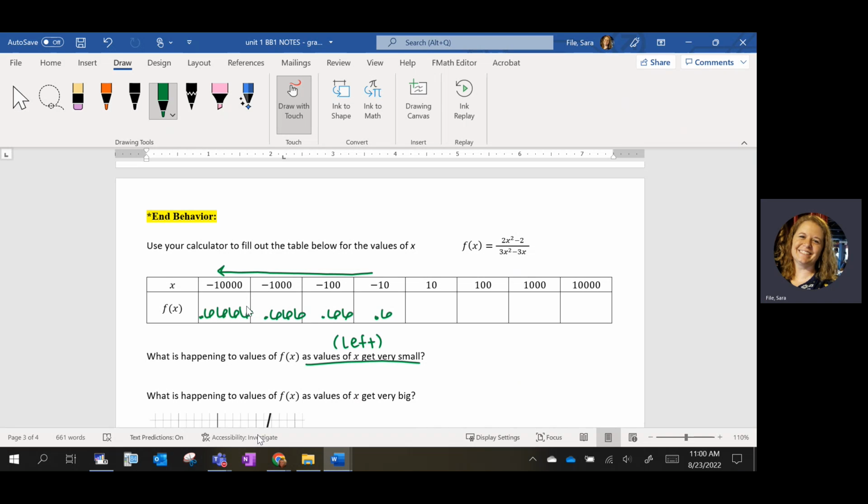It just keeps adding another 6 in the next place value, right? So is that ever going to get to 1? No. So it's approaching 0.6 repeating, right? What is 0.6 repeating as a fraction? So that's 2/3. So would you agree that this is approaching 2/3? Okay, so we're going to say that it approaches 2/3.